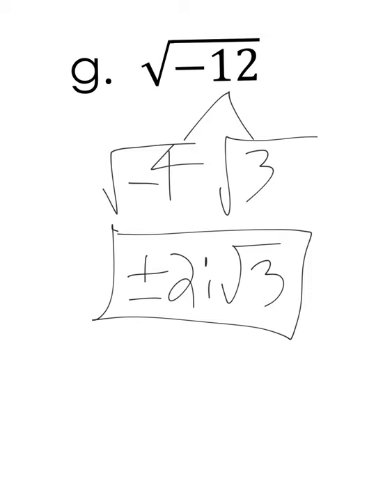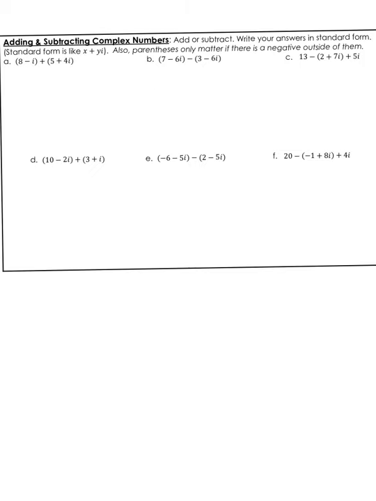So that's that. So this was just simplifying square roots of negative numbers, or simplifying and writing them as a complex number. So now let's do some adding and subtracting of complex numbers. Adding and subtracting complex numbers is pretty simple in that it's just like combining like terms.